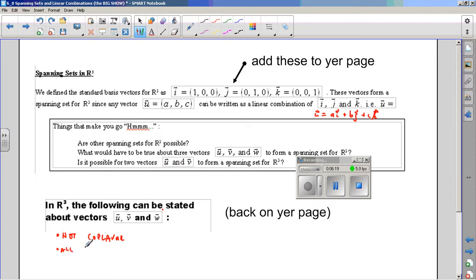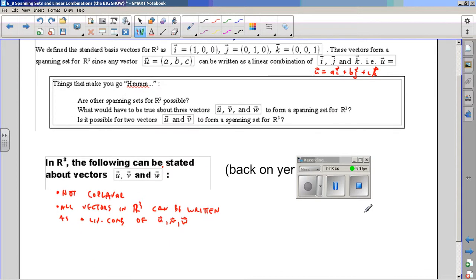We can say all vectors in R3 can be written as a linear combination of these three, that is, for any old vector z, we can write au plus bv plus cw.